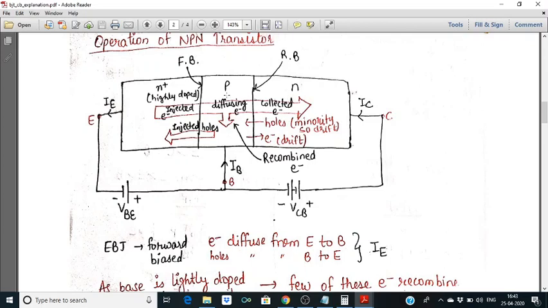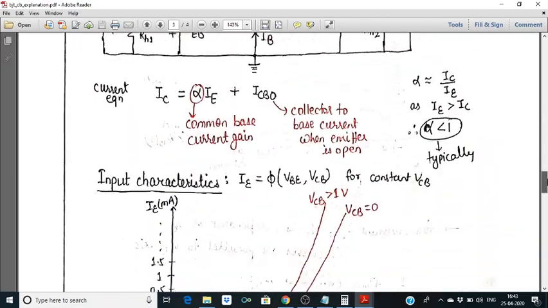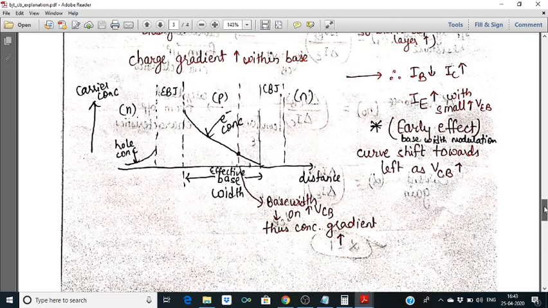Now as the base region is lightly doped, there will be more penetration of the depletion layer into the base region, so the effective base width will be reduced. As the effective base width is reduced, the recombination current, that is IB, will also reduce.